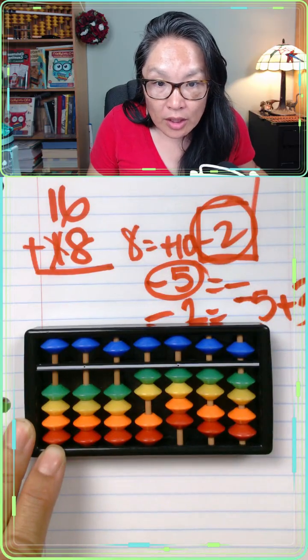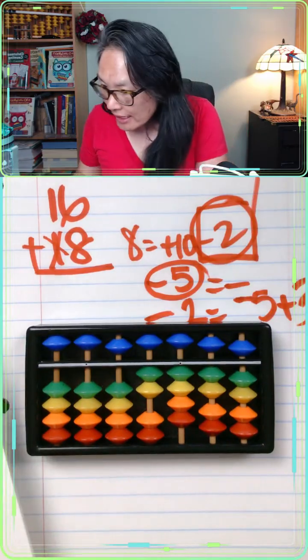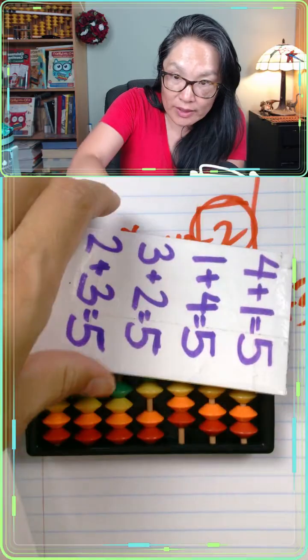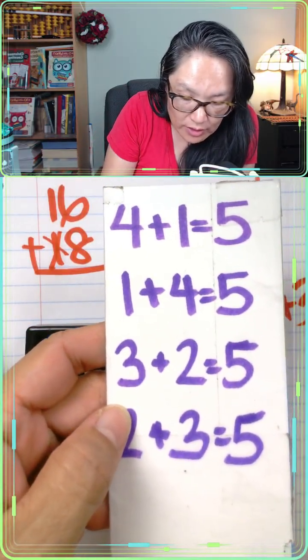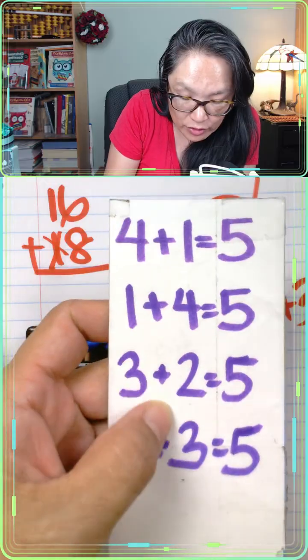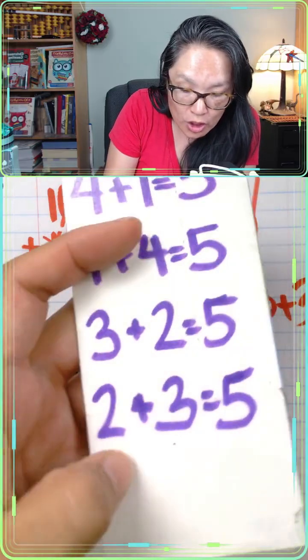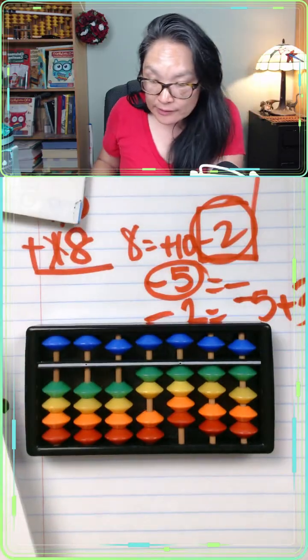Yeah, thank you, Char. So again, that's how we know our formulas. We have plus the 5, right? 3 and 2 is equal to 5, and 2 and 3 is equal to 5, right? 3 and 2, 2 and 3, 1 and 4, 4 and 1. So when we remember how to add the 5, we know how to take away the 5.